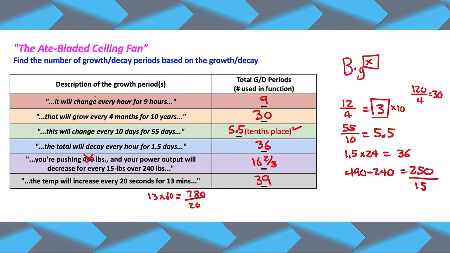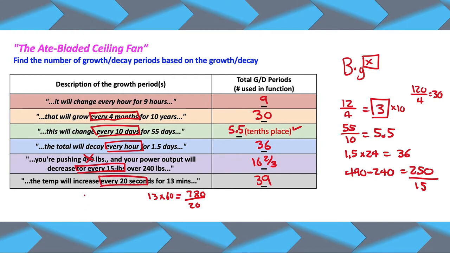Most of the time, friends, you're going to take the total and divide by 1 growth period. So how do you spot 1 growth period? Every 10 days, there's 1 growth period. Every hour, there's 1 growth period. For every 15 pounds, every 20 seconds.